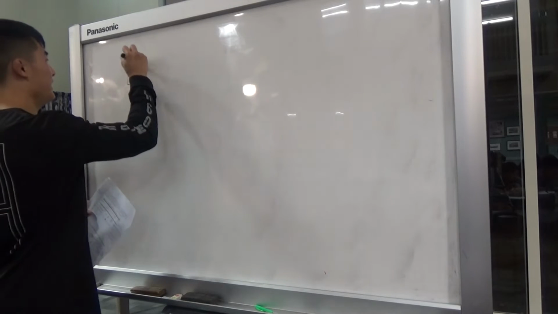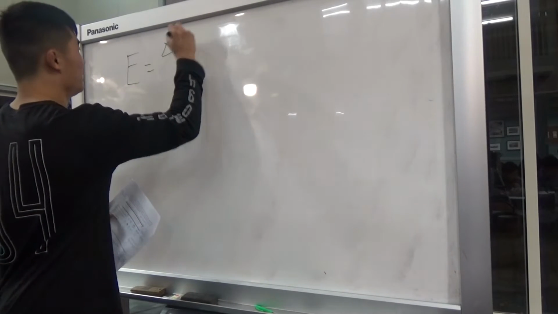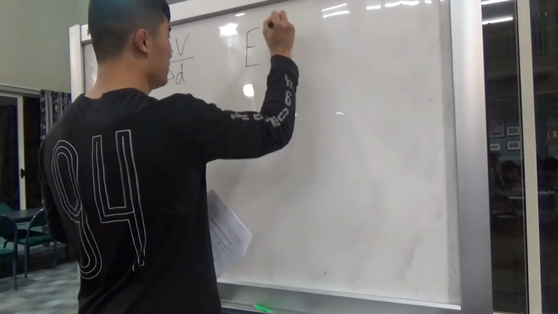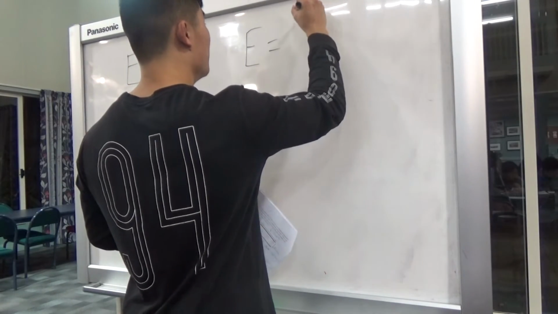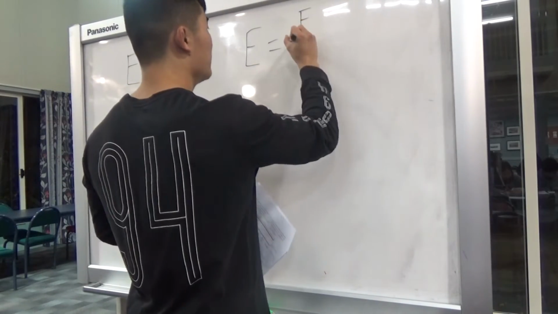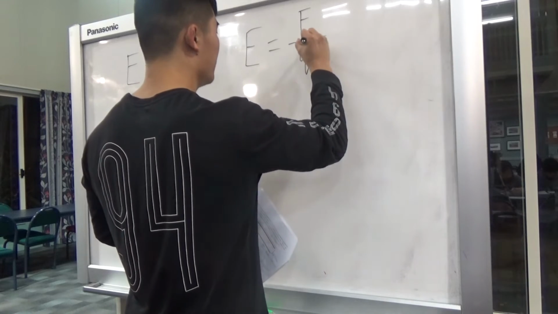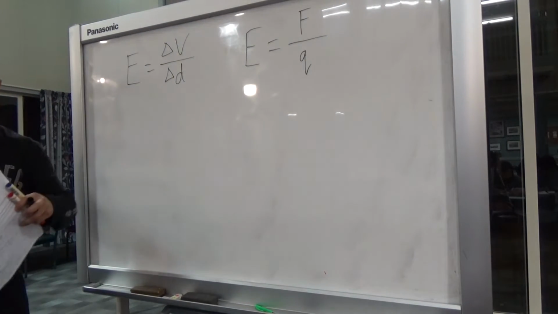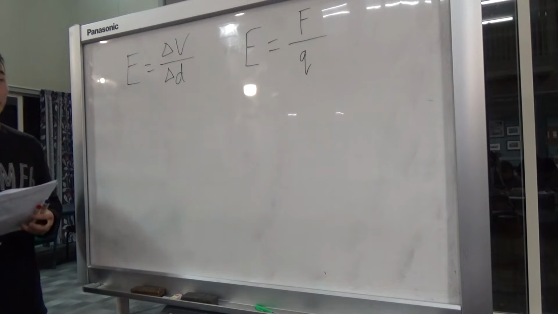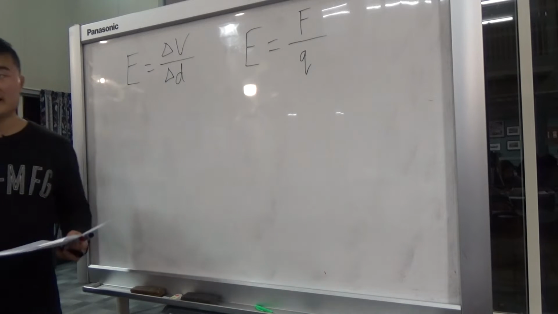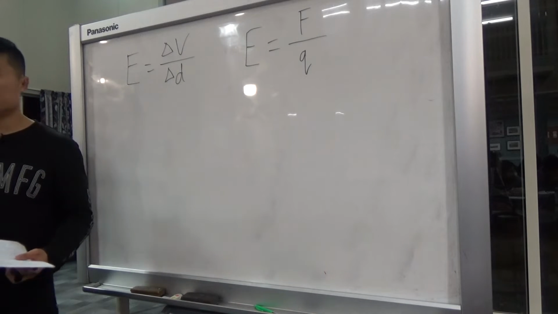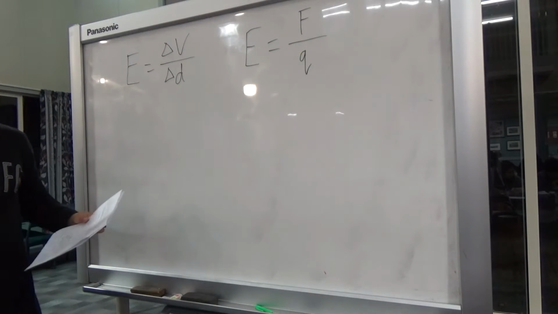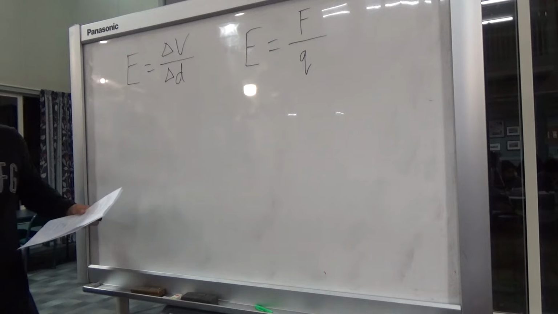So we have E is equal to delta V over delta D. And we also have E is equal to the force over the charge. So how much force is being exerted on a charge that is in the electric field. Okay, so obviously the stronger the electric field is, the more force it's going to exert on a charge. So that's going to tell you how strong the electric field is.